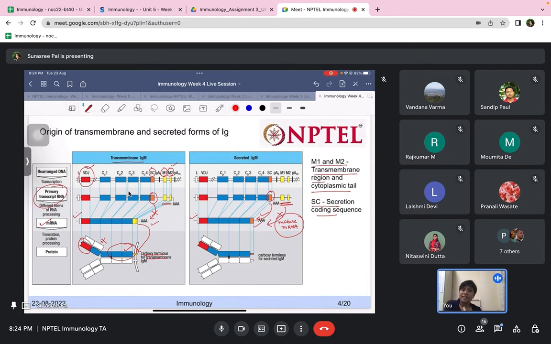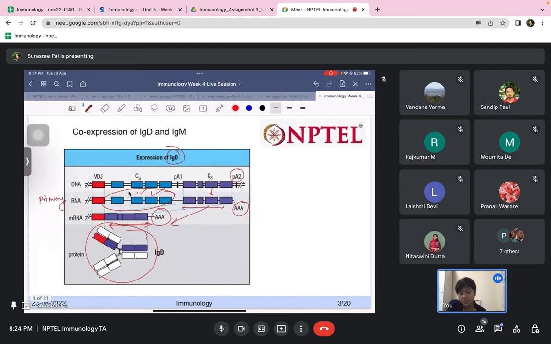So I told you, when there is class switching, there will be several cytokine induced signals which will help in the expression of either IgG or IgA or IgE. So they will only be transcribed when there is proper cytokine signal, right? But only IgD and IgM are always expressed together.